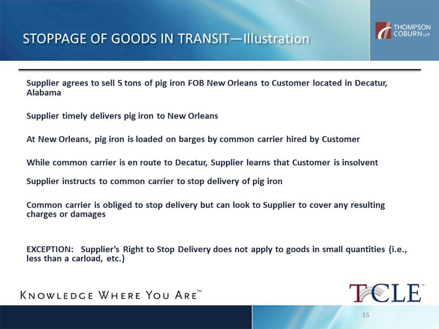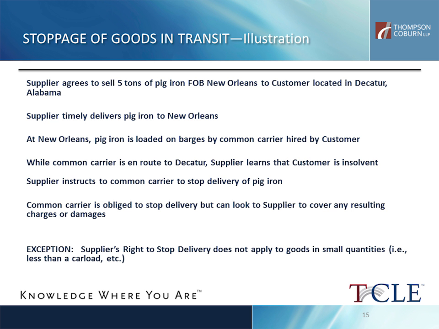So what they can do is provide instructions to that common carrier to stop delivery. Certainly that should be communicated in every reasonable way possible. It would be best practice to communicate that in writing as well. But given the very short period of time that might be available, it should be provided in every reasonable way.